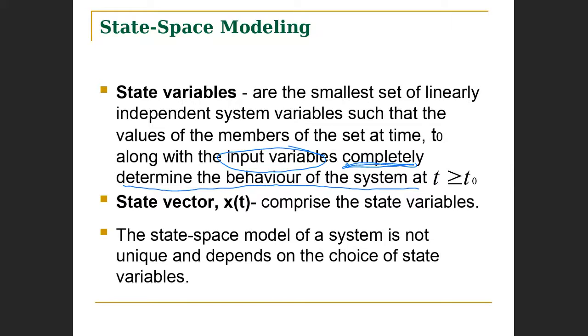Now, it is the state variables that when you put them together are called the state vector. We put them in a particular format and we call it the state vector. So the state vector consists of the state variables. Okay, is that okay? Now, the state space model, it's important: the state space model is not unique.